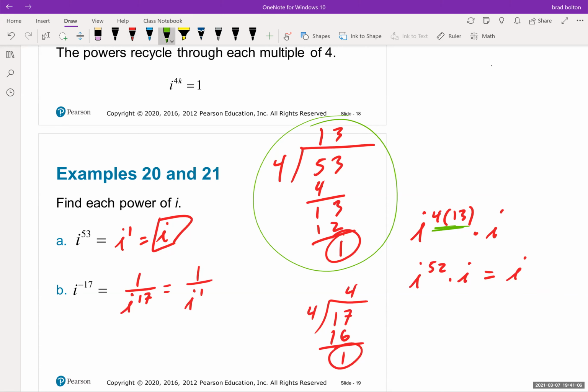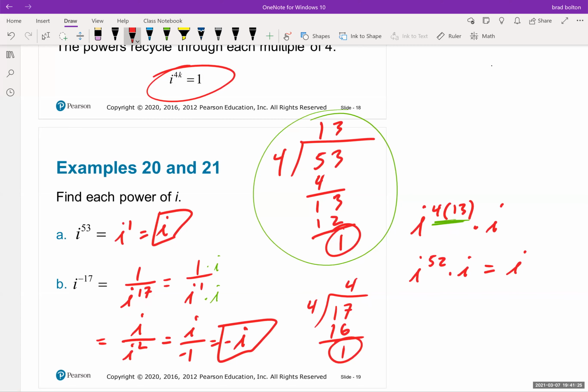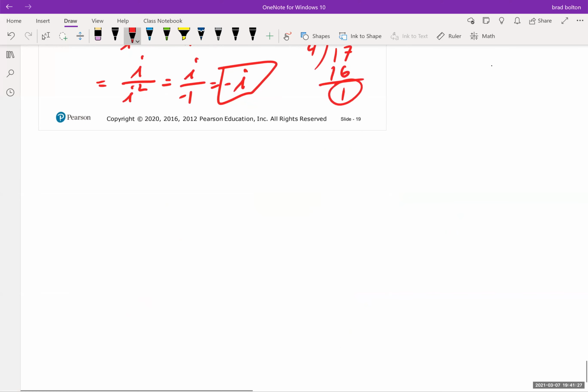But we learned that we could multiply this by i over i. And we now have i over i squared, which is i over -1, which is negative i. So that's how I would do it. The book might show you a different way using the multiple of 4. Either way is fine. I just prefer to do it this way.